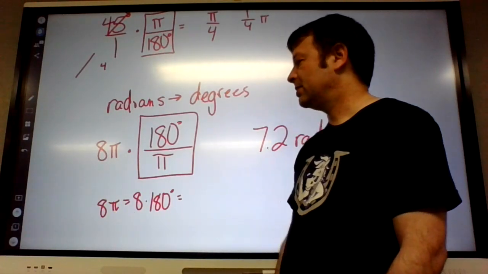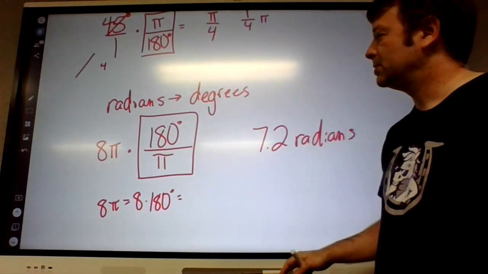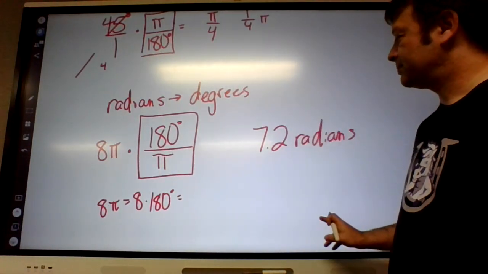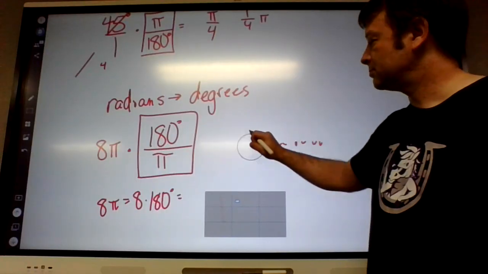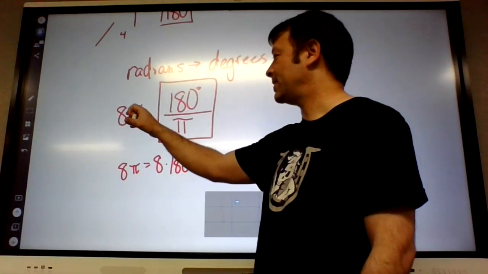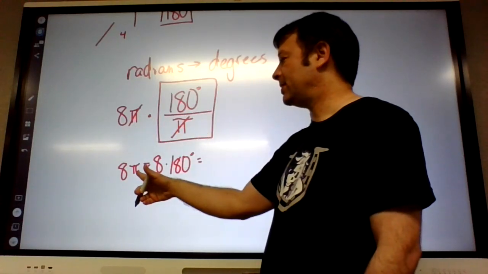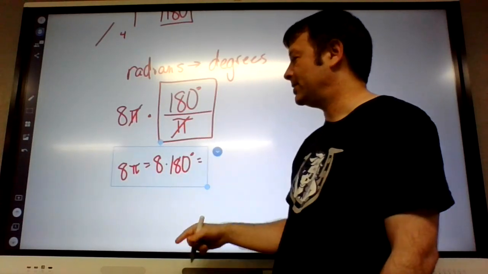Basically what this converter does is it just cancels the pi's out, so it turns the pi into a 180.